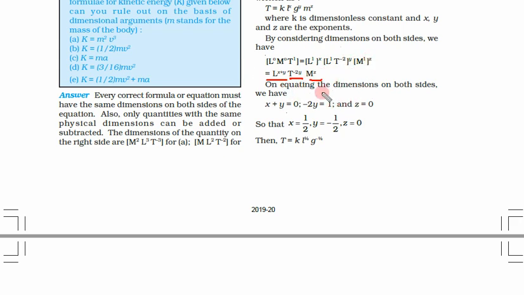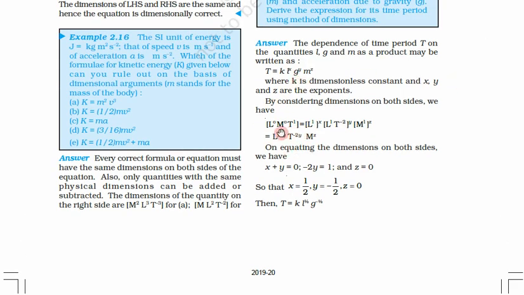This is our left hand side, and this is our right hand side. Now let us equate the powers. On the left hand side we have L to the power 0, that means x plus y must be 0 because both sides should be dimensionally correct. x plus y must be equal to 0.